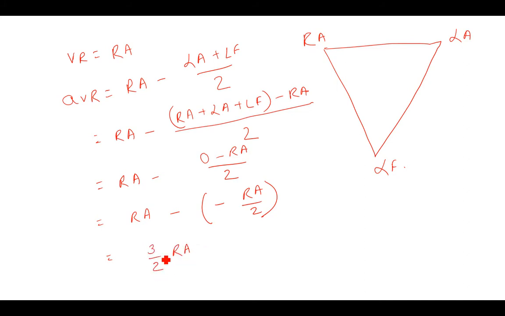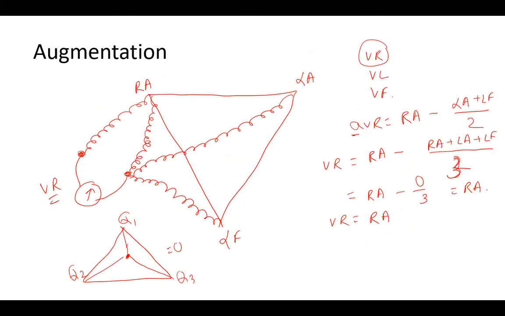So 3 by 2 is the augmentation. Okay, so VR is equal to RA and AVR is equal to 3 by 2 RA, right? So the augmentation is 1.5 times, that is 3 by 2.